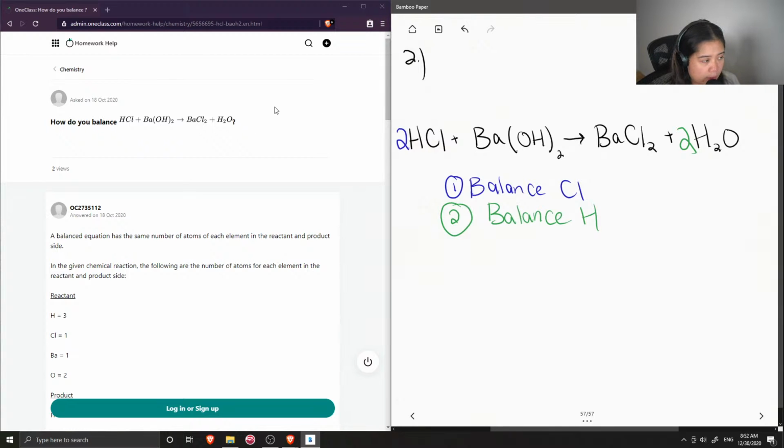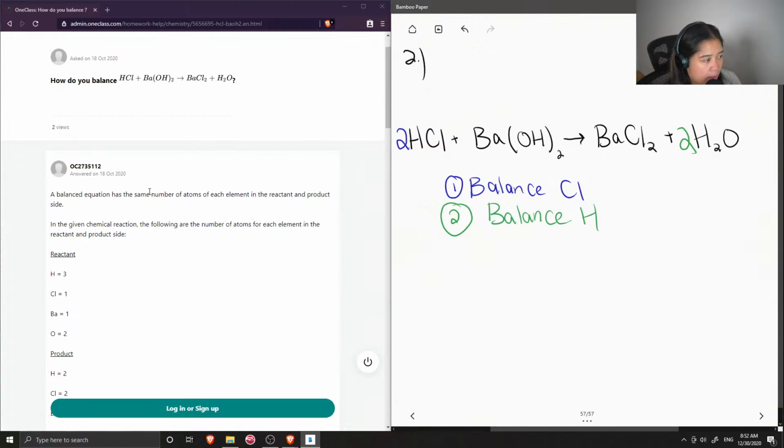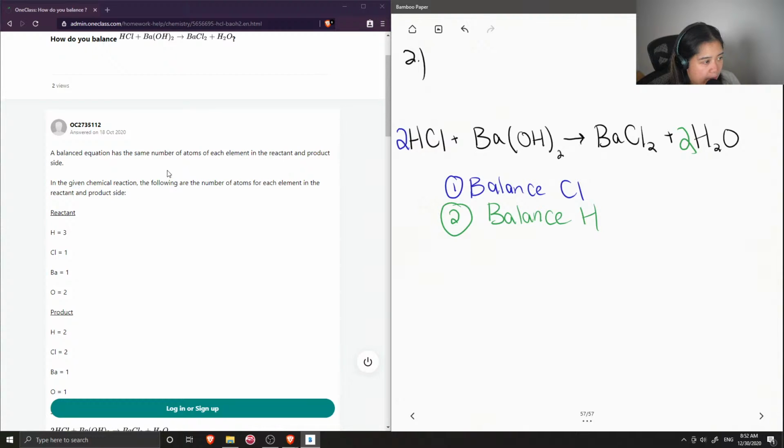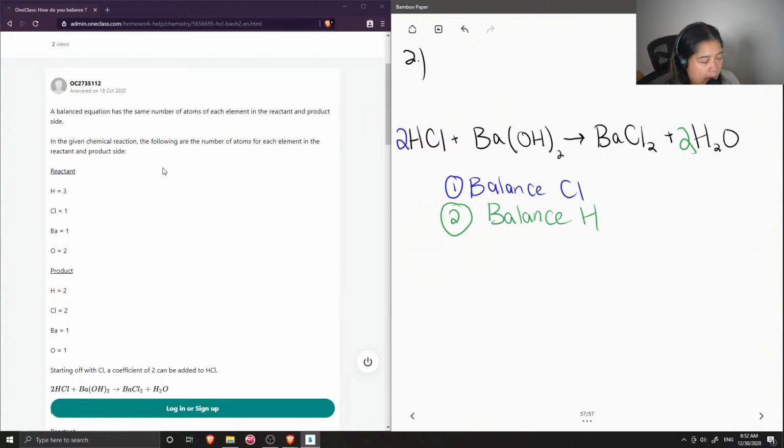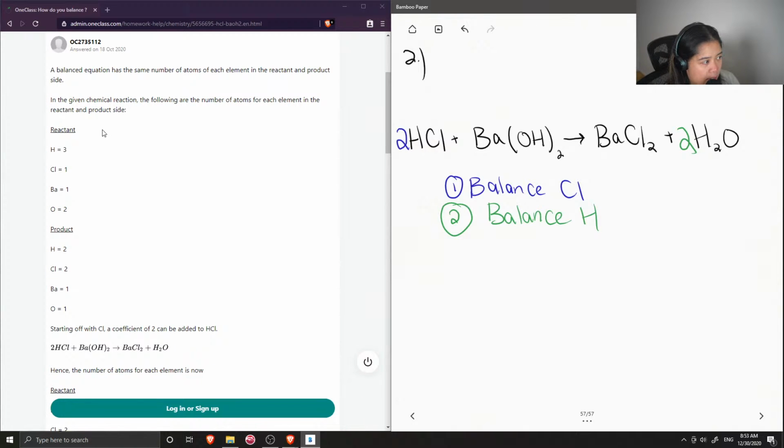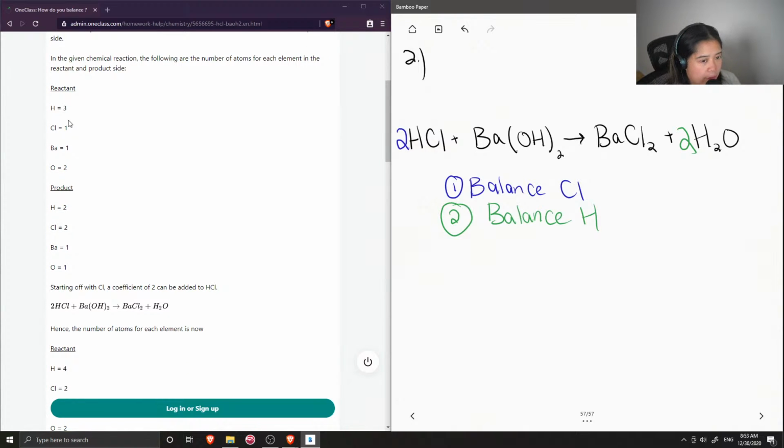Okay, so let's see what the junior tutor said. A balanced equation has the same number of atoms of each element in the reactant and product side. In the given chemical reaction, the following are the number of atoms for each element in the reactant and product side. So they wrote down how many of each element there were on each side.